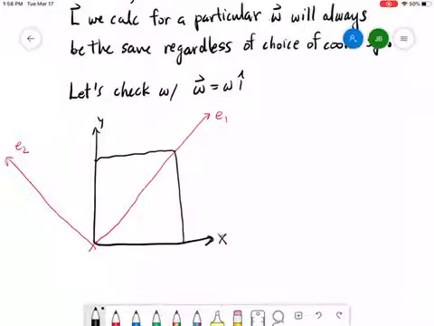Okay, so what we're imagining is that we've got an omega vector that is along the z-axis. And so if I want to compare the angular momentum calculated from two different reference frames, I need to be able to write omega in terms of components along the E1 and E2 axis.